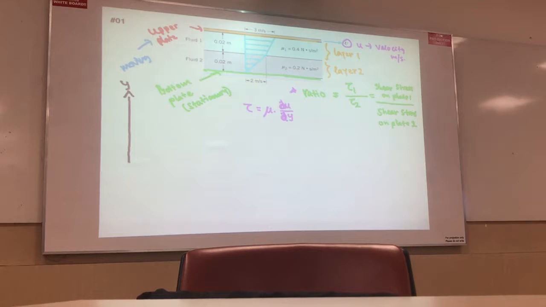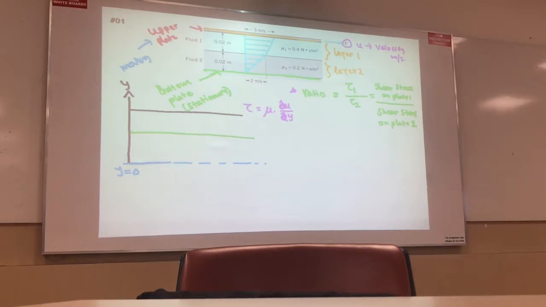The bottom of the plate is here. This indicates the bottom of the plate, and the value of y here is 0, correct? So here is the layer of the fluid. One layer is present here, and another layer is here.